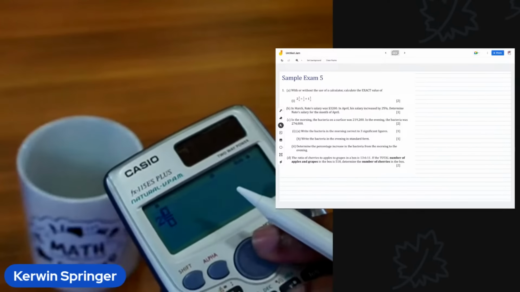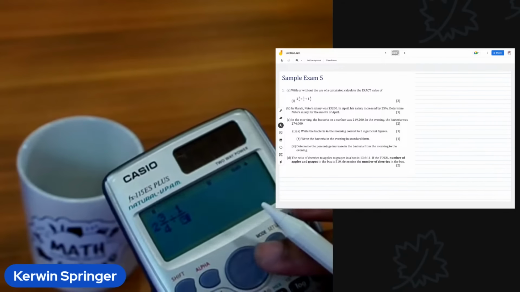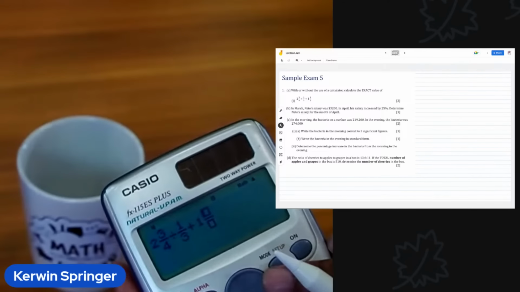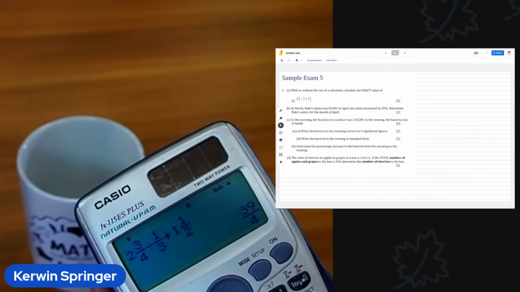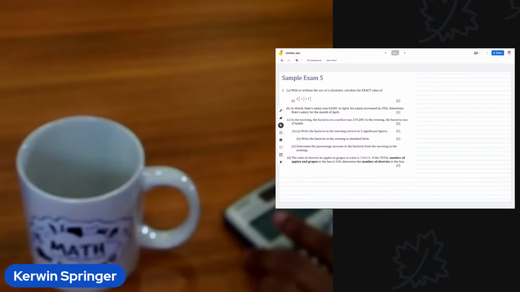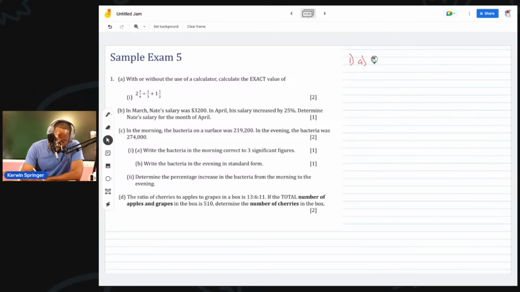So from the calculator, the best calculator out there, we have that 2 3/4 divided by 1 1/3 plus 1 1/2 is equal to 39/4. And that's the exact value.